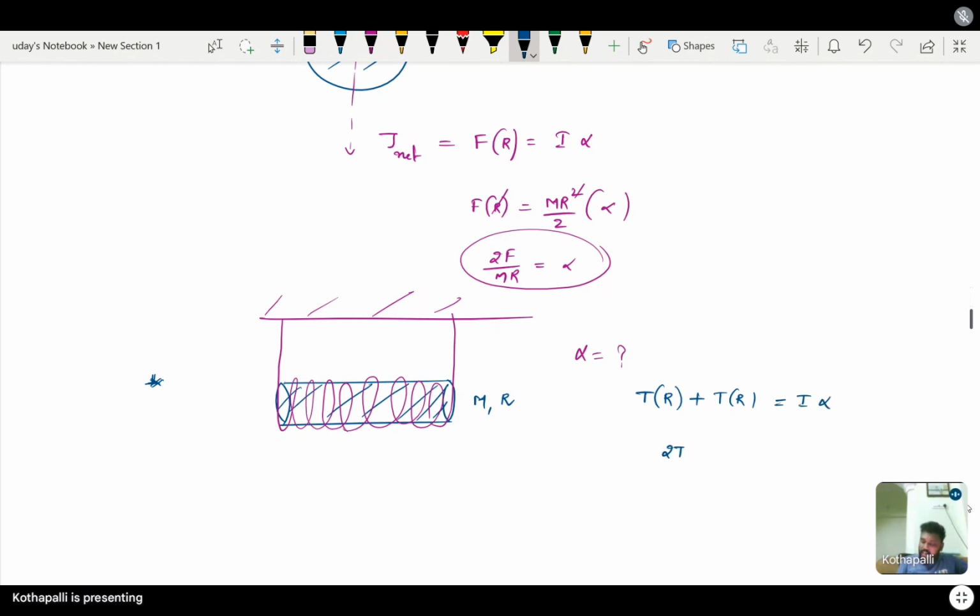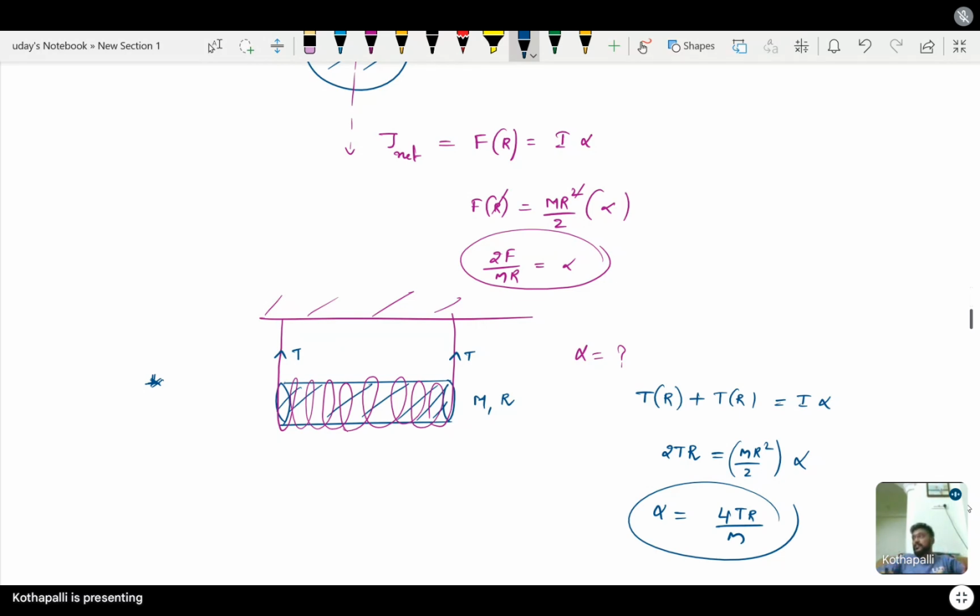So 2Tr is equal to the moment of inertia of a solid cylinder about its center of mass axis, which is MR squared by 2, into alpha. What will be alpha? 4T by MR. Let it be in terms of T itself, because to calculate T we need to go back to laws of motion: 2mg minus 2T equals ma, and again a equals r alpha.